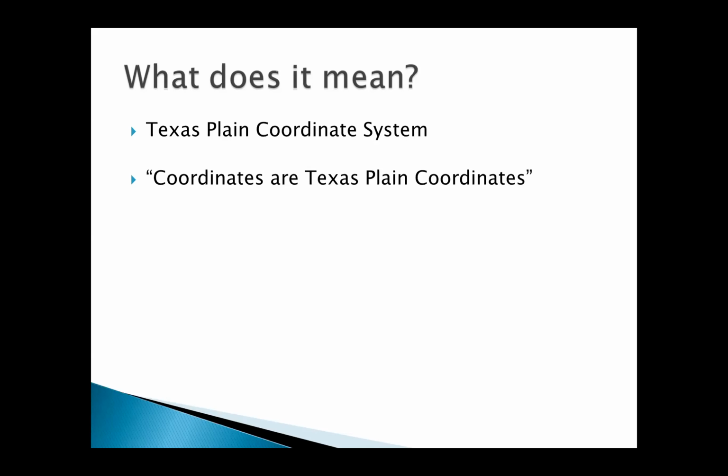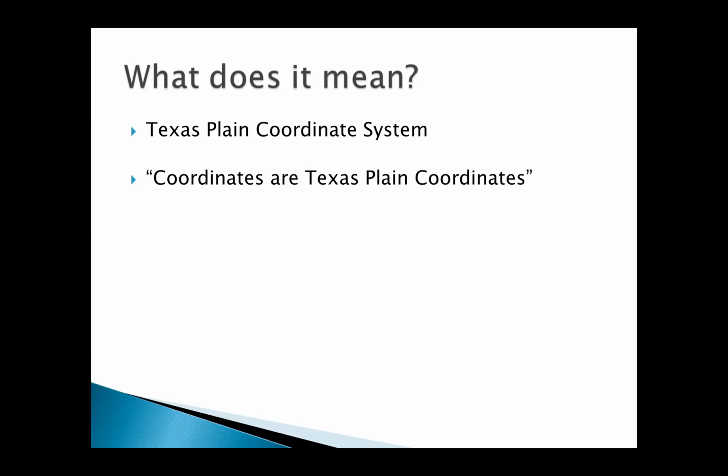You'll see a statement on surveys that the coordinates are Texas plane coordinates. If that doesn't tell you whether it's NAD 1927, NAD 1983, or now NAD 2020, you don't have that supporting information.